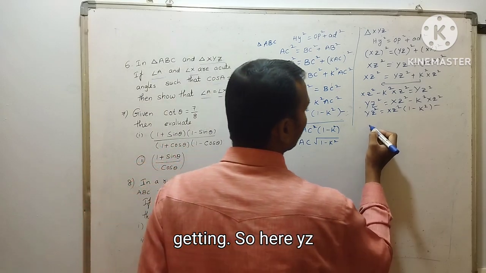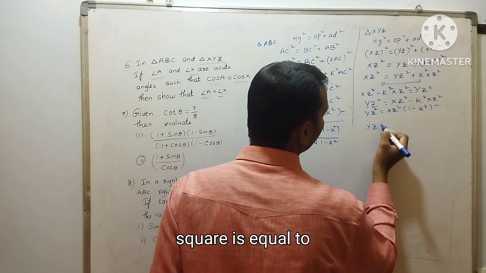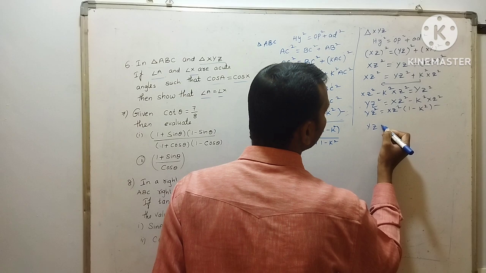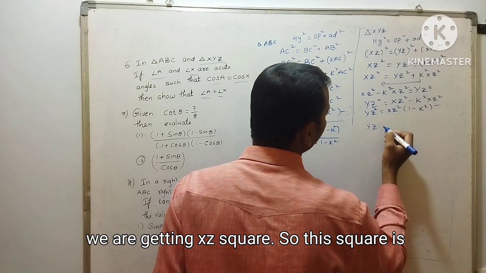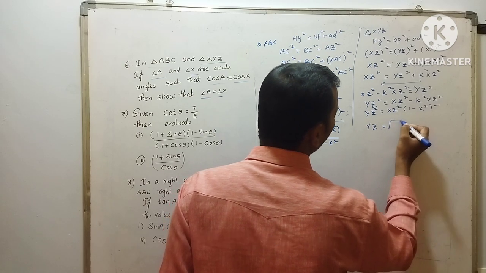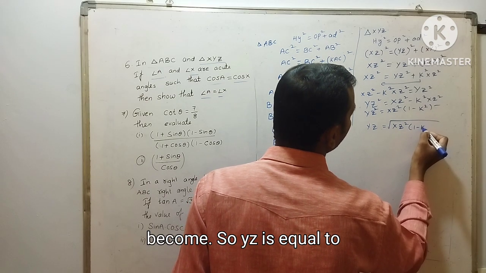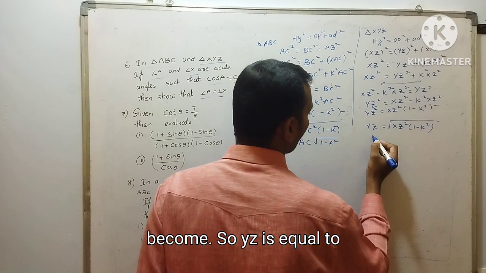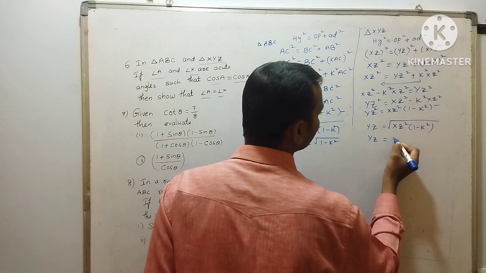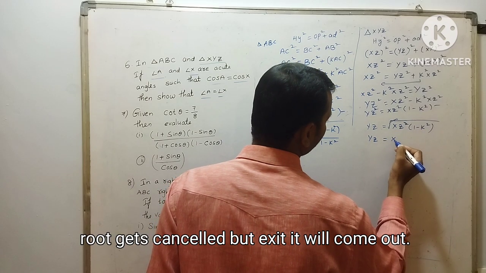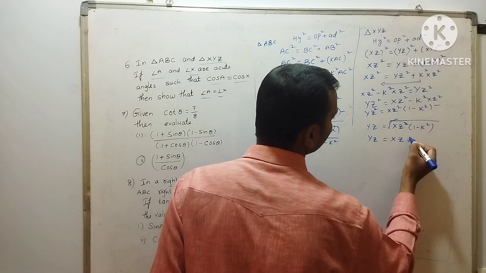So here YZ square is equal to, we are getting XZ square. So this square is going right side, becomes root. So YZ is equal to, square root gets cancelled, for XZ it will come out.